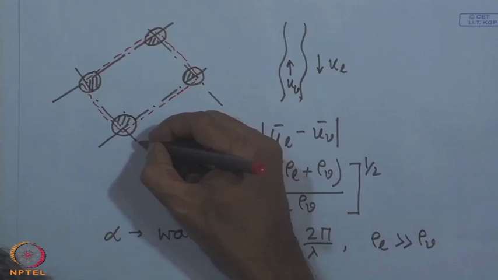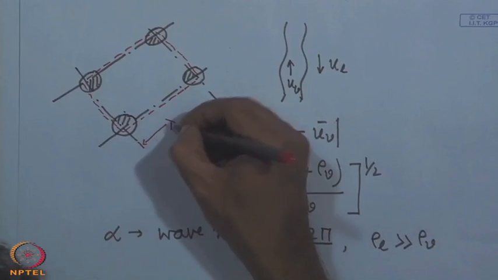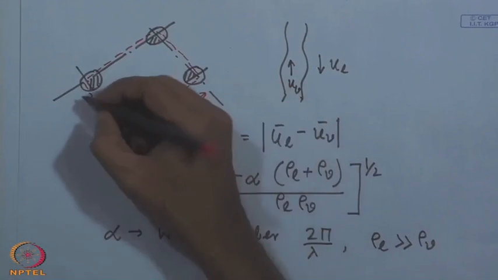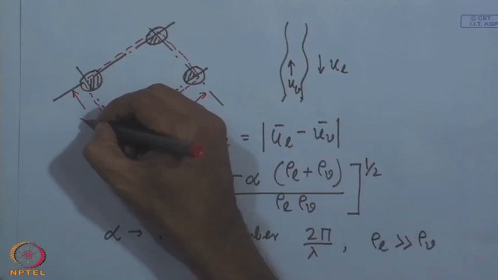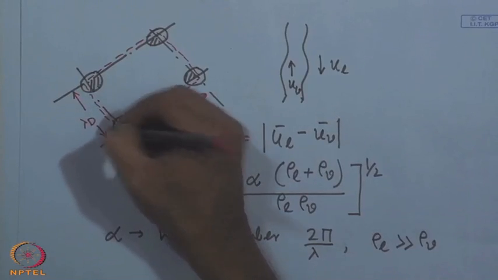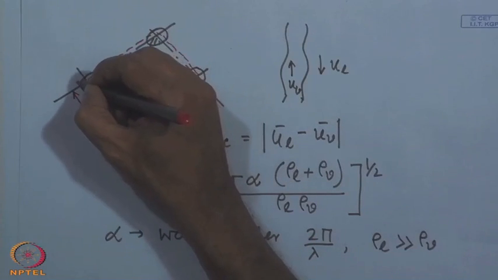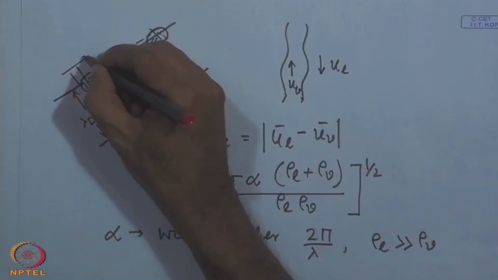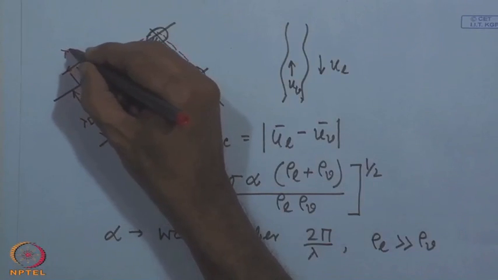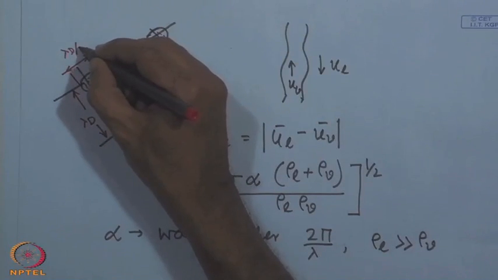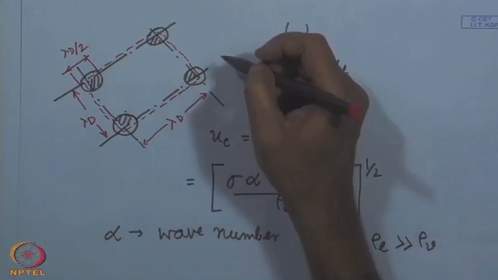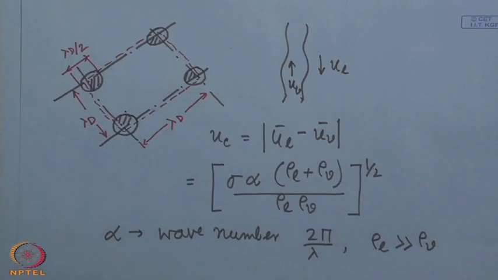So, if I take the distance as lambda d, this distance is also lambda d, and this distance is lambda d by 2. The diameter is lambda d by 2. So, we can see that in a square area of lambda d square, a vapor jet of lambda d by 2 diameter is generated.